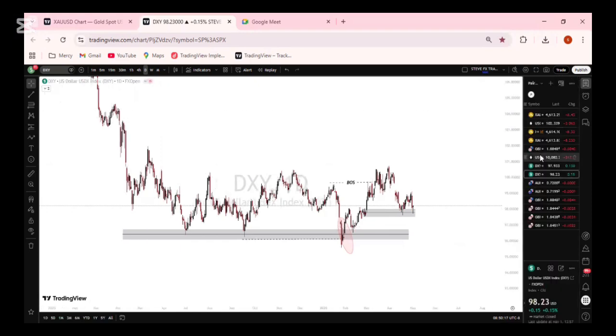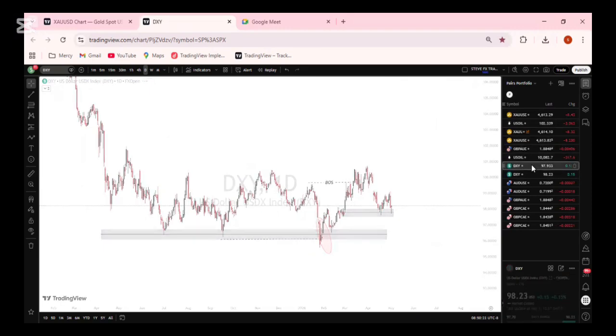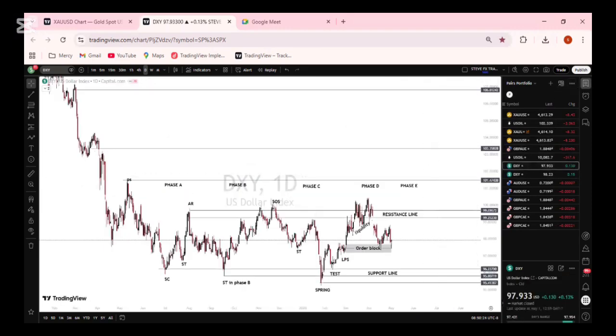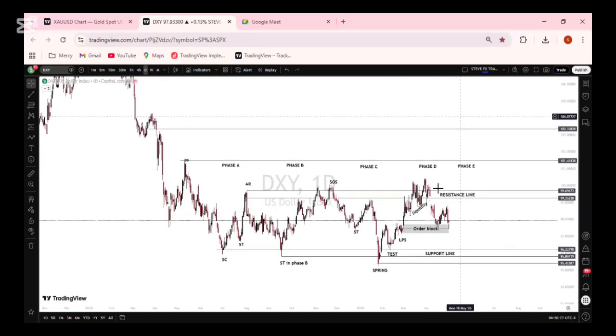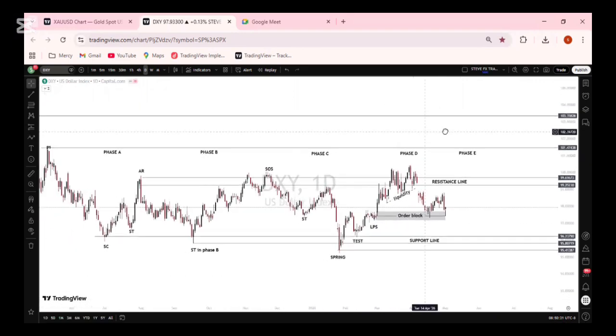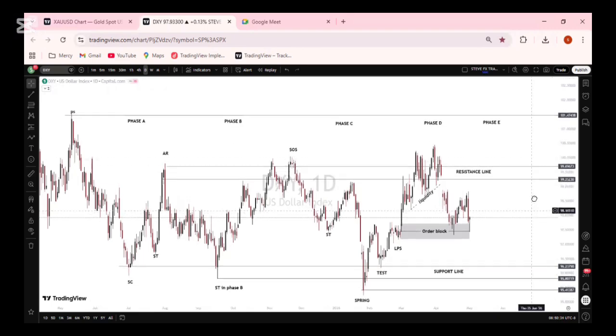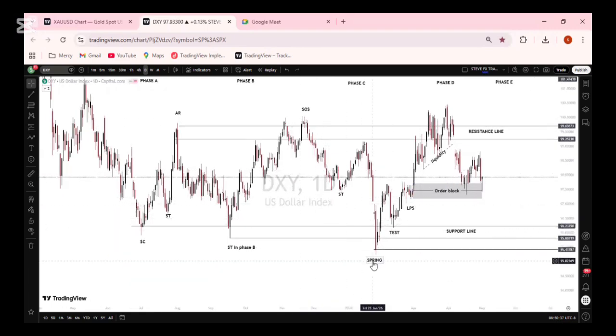Now let's look at the Wyckoff methodology. When we look at the Wyckoff methodology, we have the market taking liquidity from the SD phase over here, the spring.